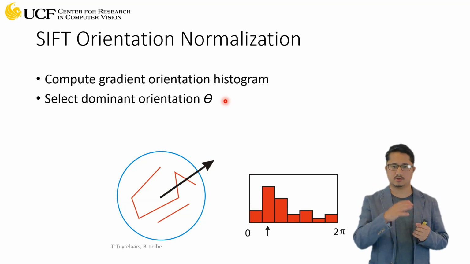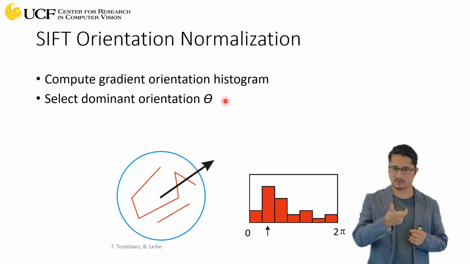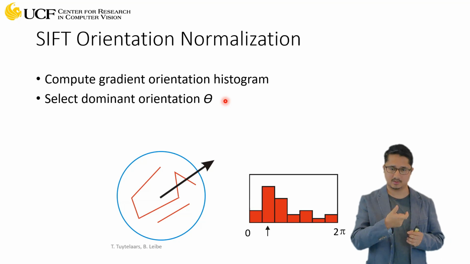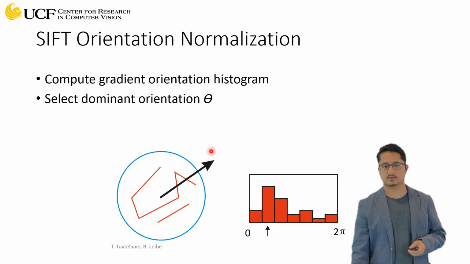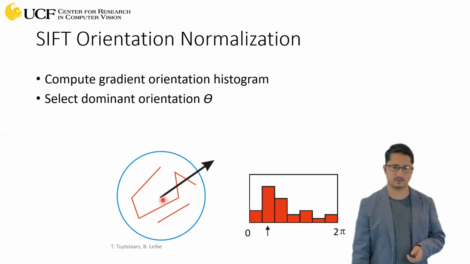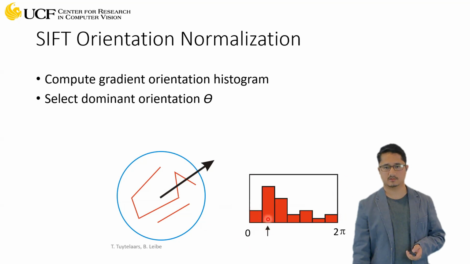To take that into account, whatever orientation your algorithm has detected for a key point, you use that to normalize all the key point locations. The idea is, let's say you have this key point location and the most dominant orientation was in this direction. This is showing the histogram for this on the right here. This one is the most dominant one.